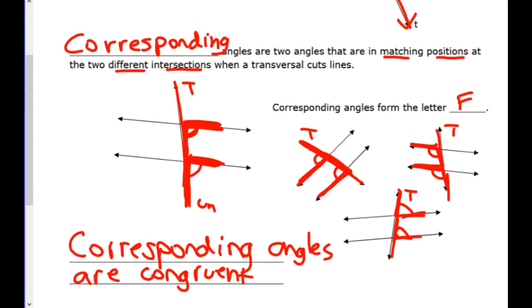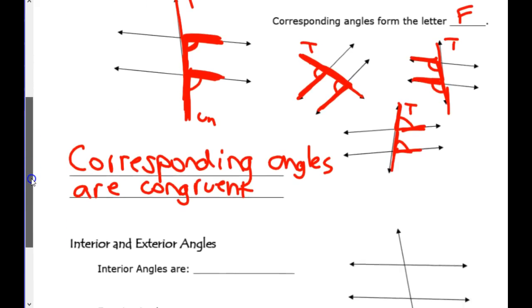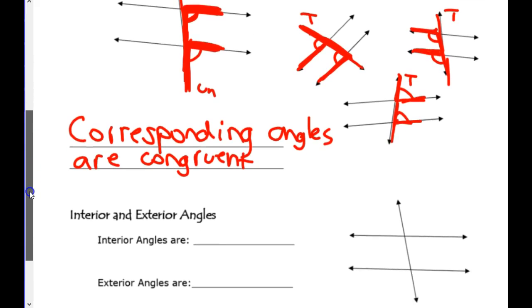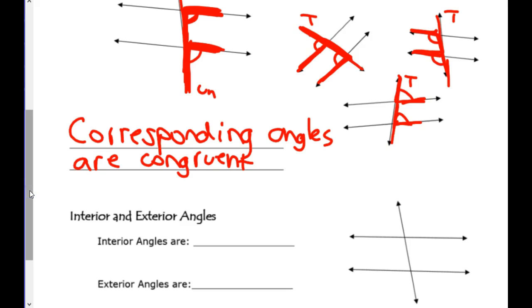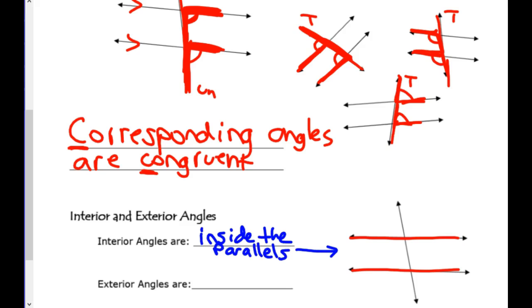Does anyone still need this? Okay, so here we are right here. Now, interior, what does that mean? Inside, right? So interior angles are, if those are my parallel lines, and they are, interior are inside the parallels.